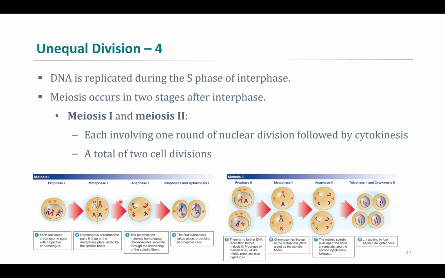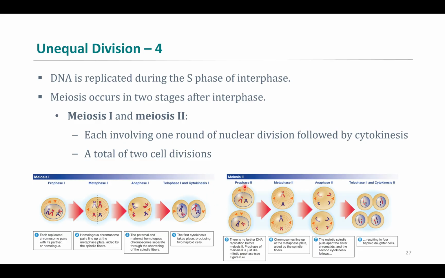During anaphase 1, the homologous chromosomes separate and are pulled towards opposite directions of the cell. In telophase and cytokinesis 1, the homologous chromosomes start to decondense, and then the nuclear membrane will form. That's the end of meiosis 1.